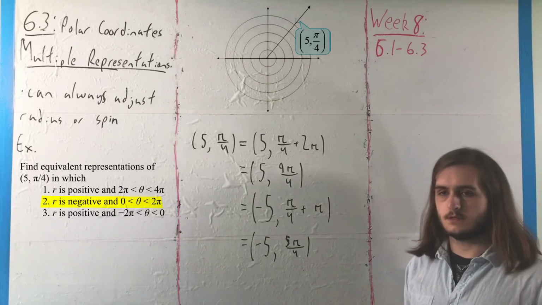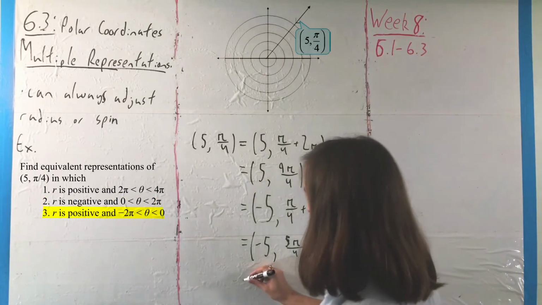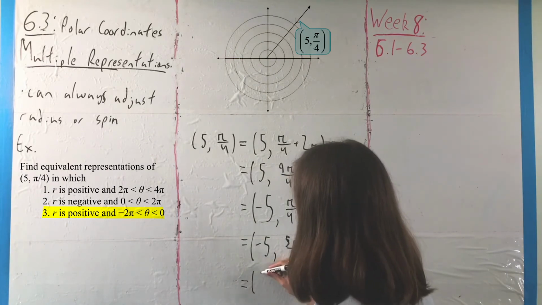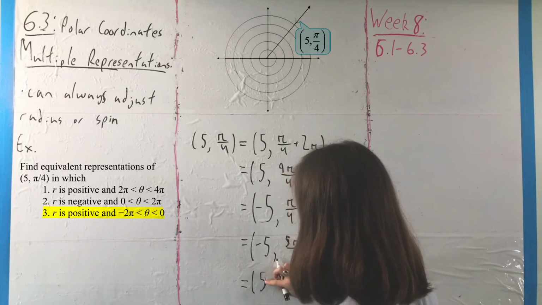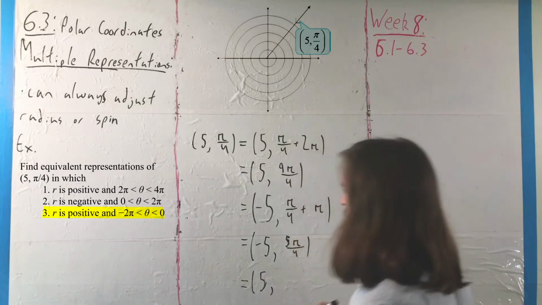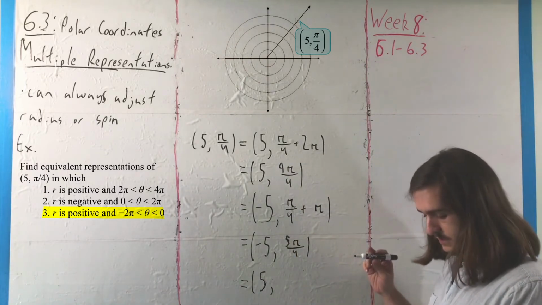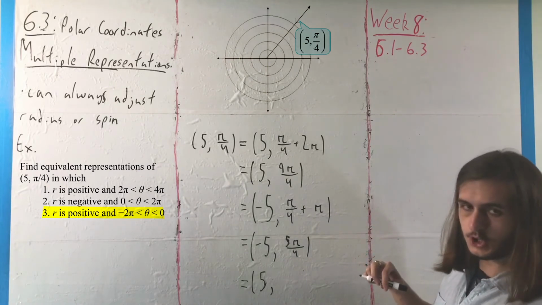And then finally, I'm a little bit short on space here, so I'm not going to keep my nice single line, unfortunately. We could also take our point, keep the radius positive as it was, a positive 5, and instead have our rotation come around in the negative direction.